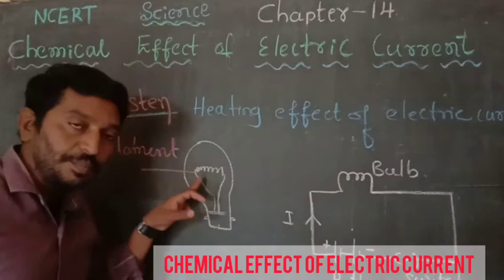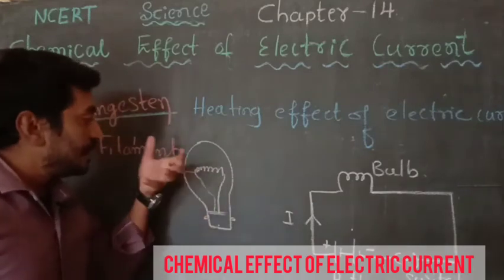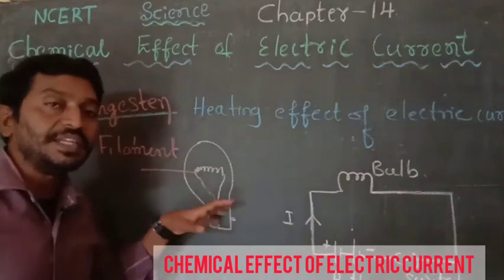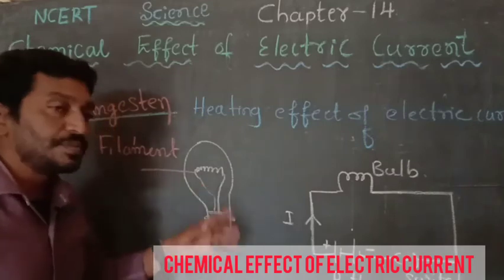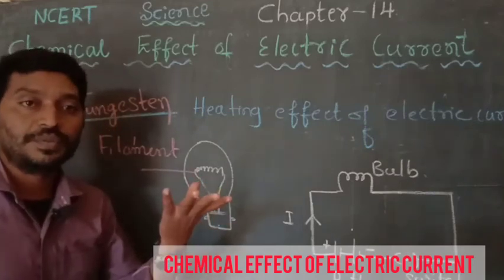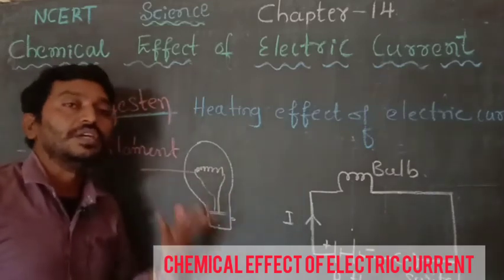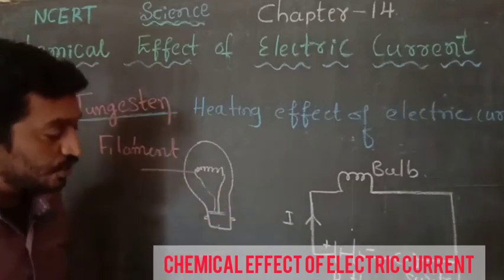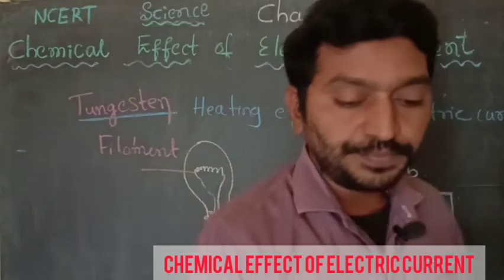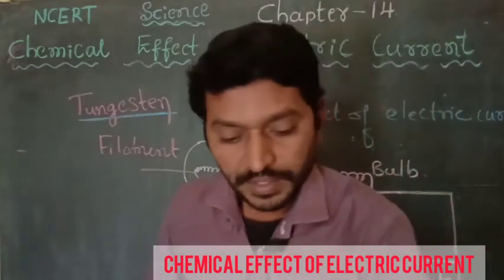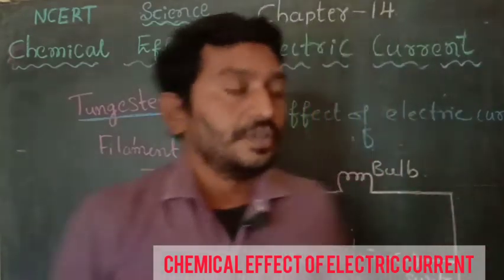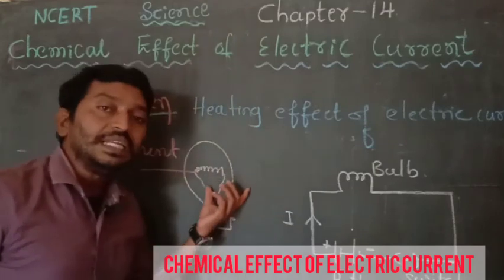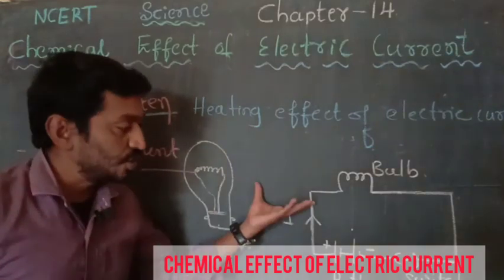When the temperature of the filament increases, the bulb starts to glow. The bulb starting to glow is called the heating effect of electric current. So before going on, how is the heating effect produced in the circuit?